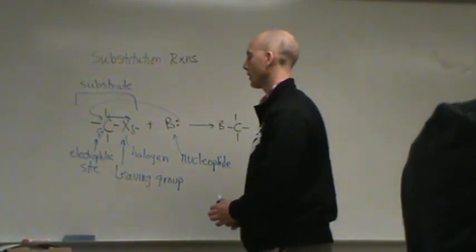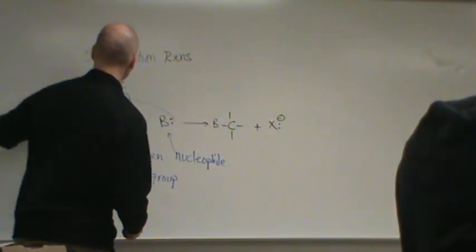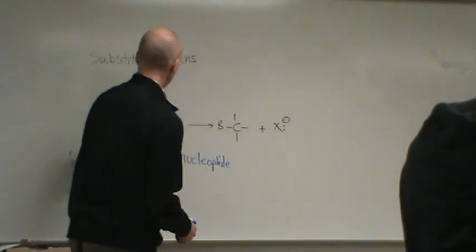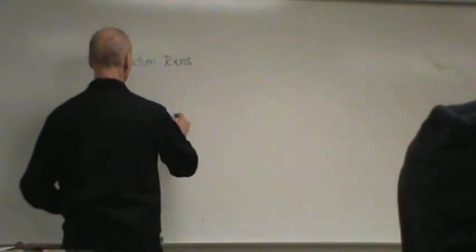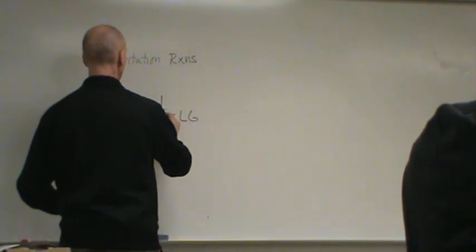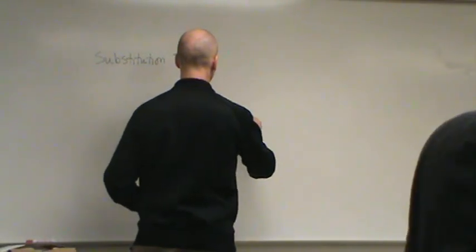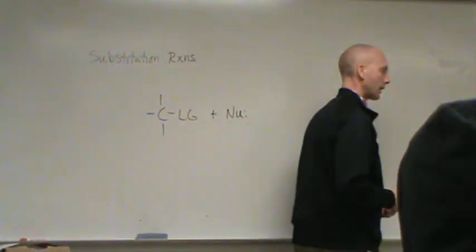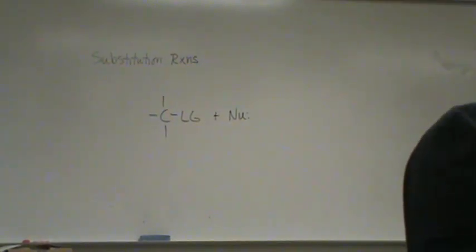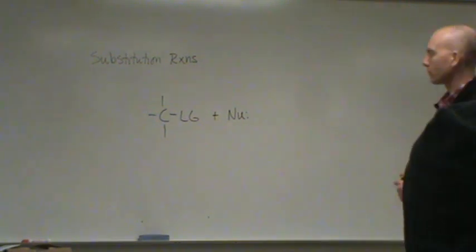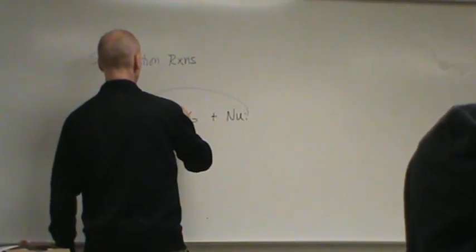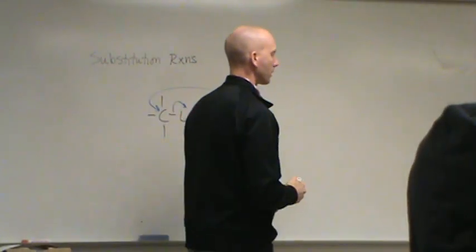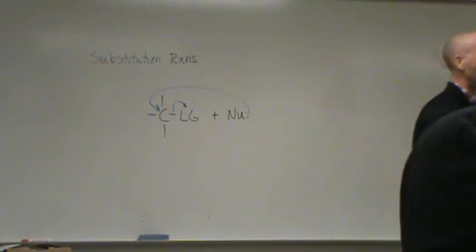So if we drew another model of all this stuff, we could maybe draw something like this. In an SN2 mechanism, the nucleophile attacks the substrate, kicking off the leaving group.